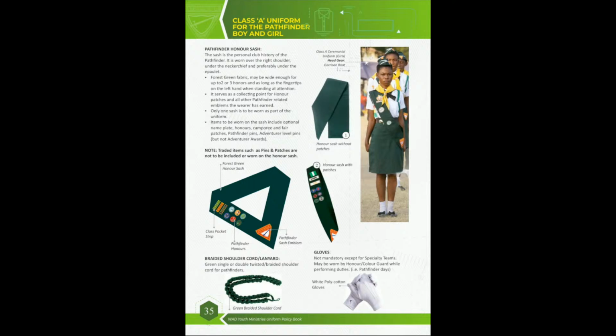What do we put on the back of our sash? The company patches, or even some honorary patches that were given by our church for activities we did. So, for example, like this seminar, you can even make a patch for it and put it on your sash. And when you put it on the sash, it should be on the back, not on the front.